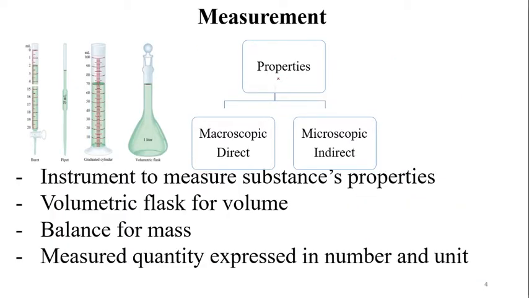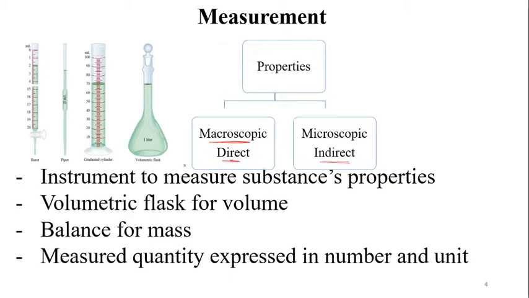So I can measure the physical properties directly in case I have macroscopic material. But if I have very small material, I have to measure it microscopically, and in that case I will use indirect methods.